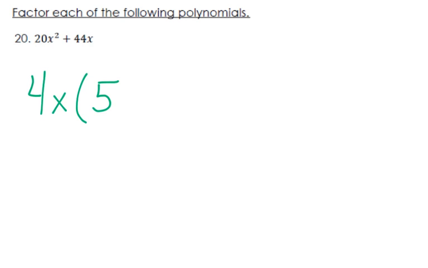And x squared, I took one x away, so now there's only one x left. And for the 44x, 44 divided by 4 is 11. And I already took the x out here, it's out front, so there is no x left. So that would be the factored form for this polynomial: 4x times 5x plus 11.